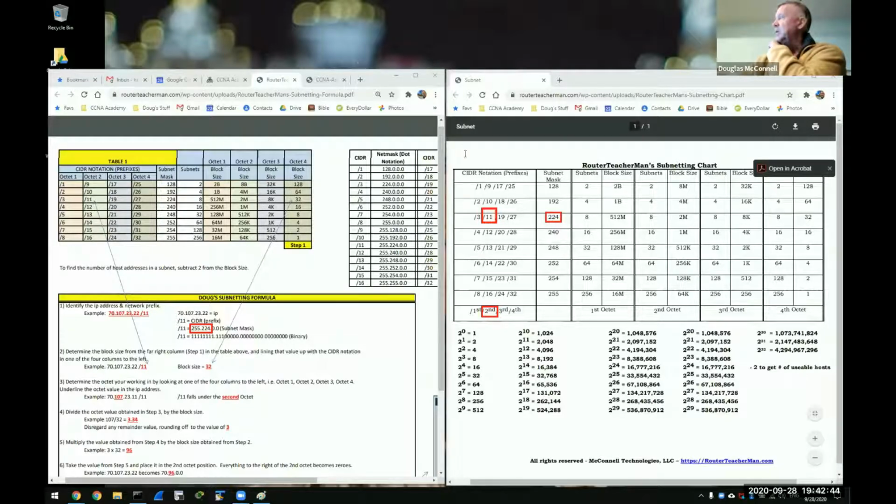So what would that look like? 1, 2, 3, 4, 5, 6, 7, 8. Dot. 1, 2, 3. Right? And how do I get 224? I add up those 3 bits. 128 plus 64 plus 32.